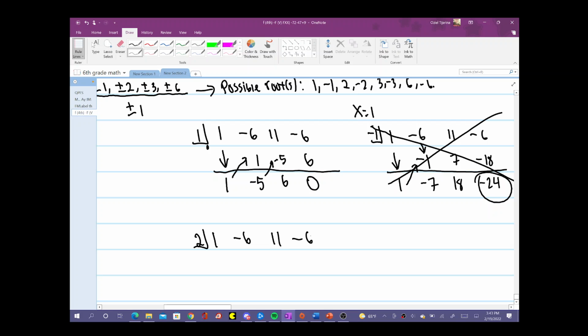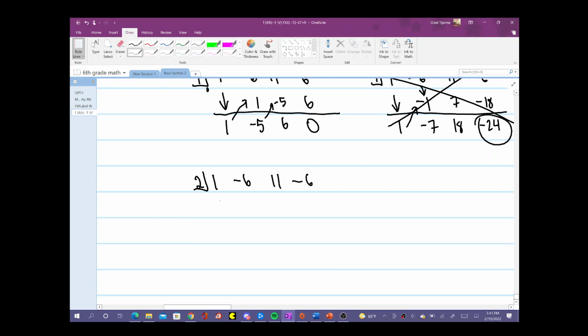Negative 6 plus 2 is negative 4. Negative 4 times 2 is negative 8. 11 minus 8 is 3, and 3 times 2 is 6, so this is equal to 0. When the remainder is 0, it's a solution, so x equals 2 works. Now we just need 1 more.